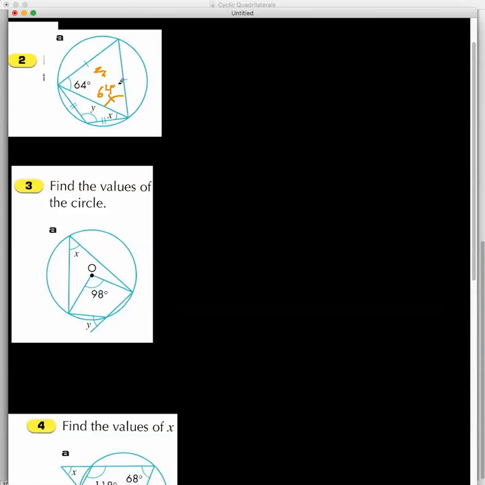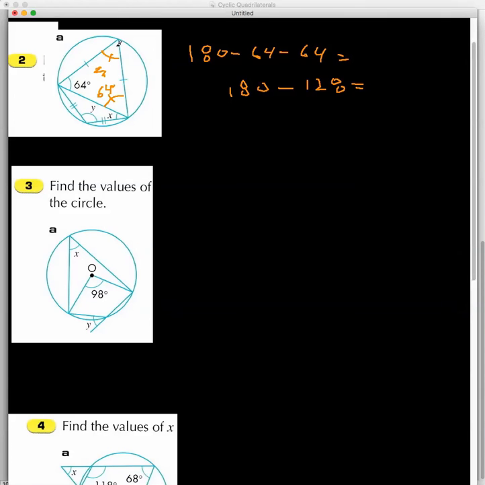64. Okay? And what that allows me to do is find out this final angle, because you have three angles in a triangle which have to add up to 180. So if I go 180 minus 64 minus 64, so that's 180 minus 128.